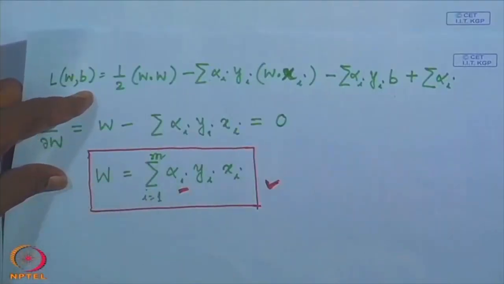So, I need two terms. One is W, which has been obtained by optimization as this particular expression.